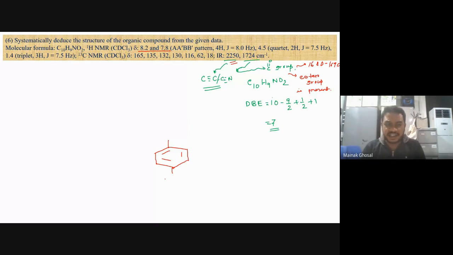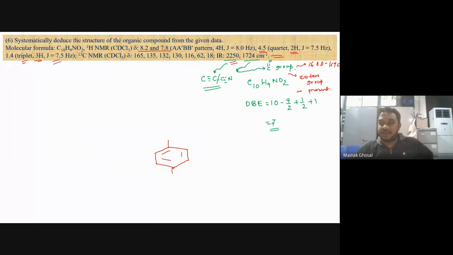Now I have to match all the other proton signals. At 4.5 there is a quartet of 2 hydrogens, and a triplet of 3 hydrogens. The 2 hydrogen quartet has a coupling of 7.5 hertz, and the 3 hydrogen triplet also has 7.5 hertz.